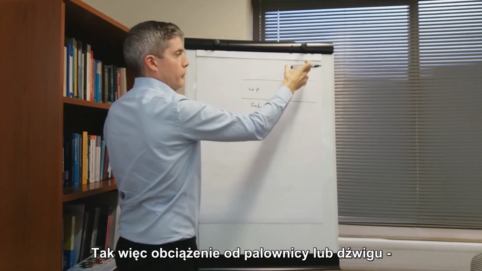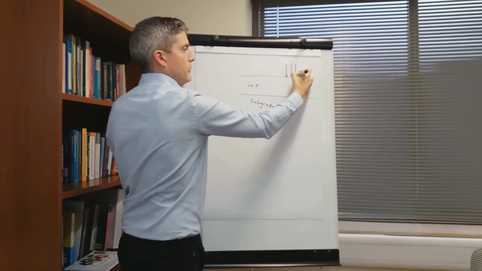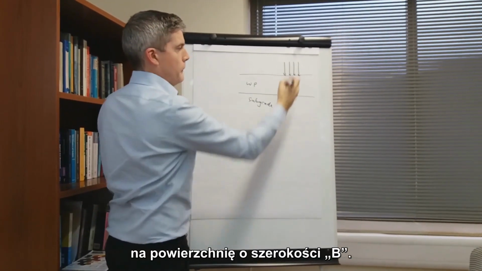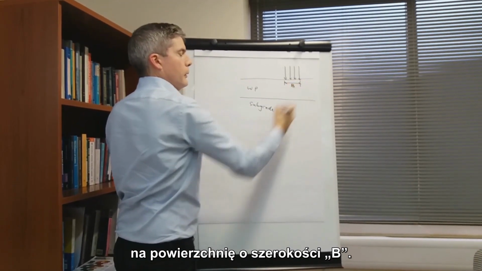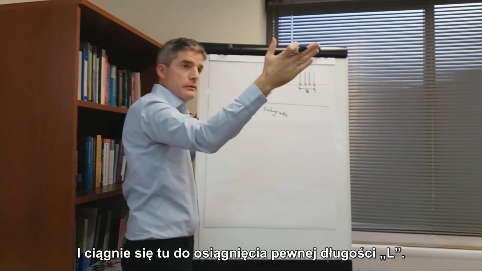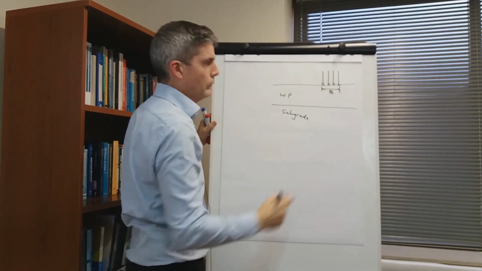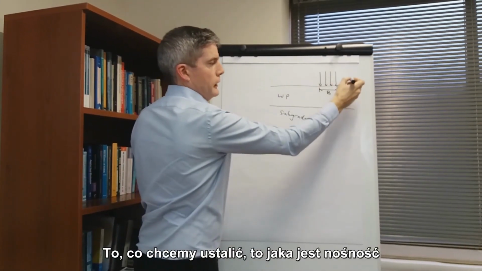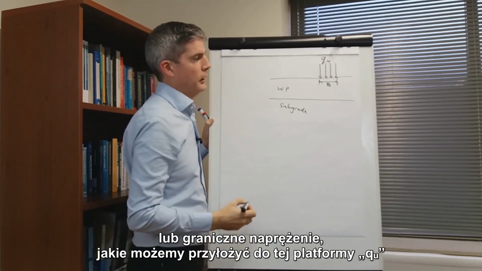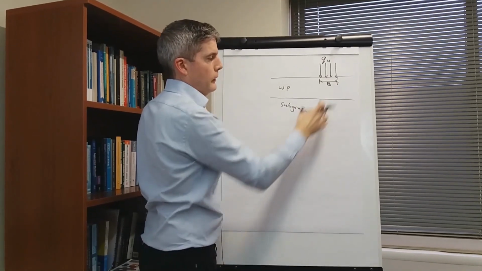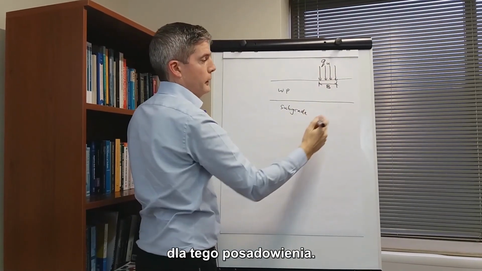A load from a piling rig or a crane, so a concentrated load, is applied at the surface that has a width B, and that extends into the flip chart to some length L. What we want to determine then is the bearing capacity or ultimate pressure QU we can apply to that platform, with a factor of safety applied to have a sufficient bearing capacity for that plant.